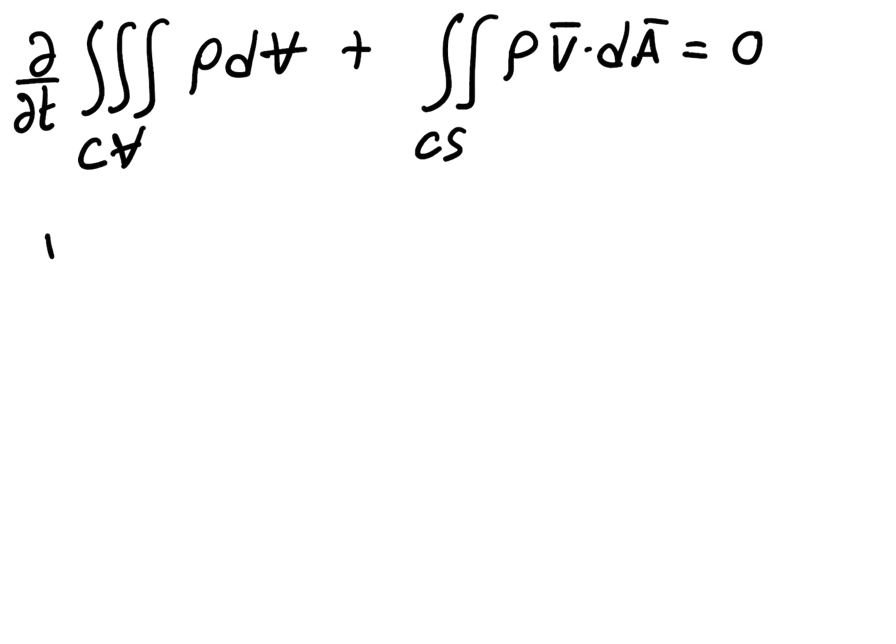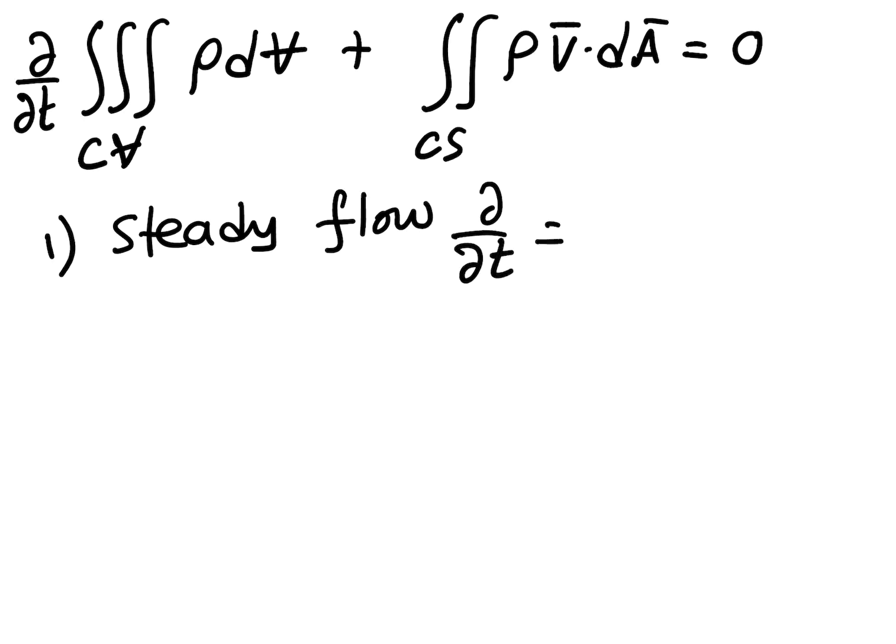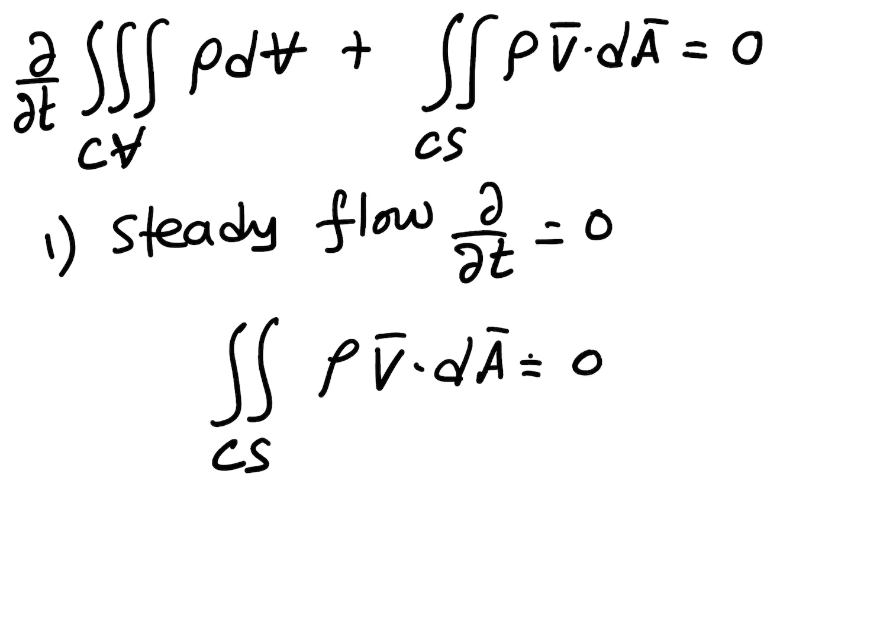Now, if we have a steady flow wherein there are no time dependent effects, we can simply discard the first term and the mass conservation relation becomes rho v dot dA equals 0.